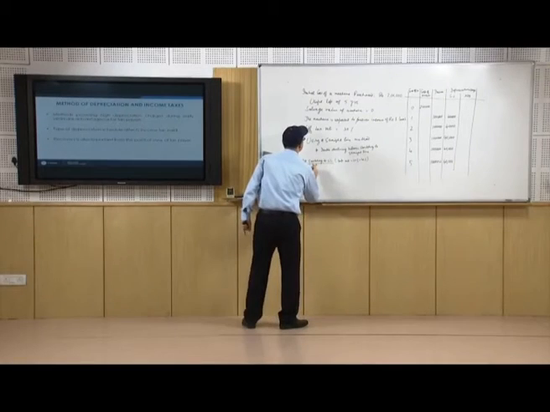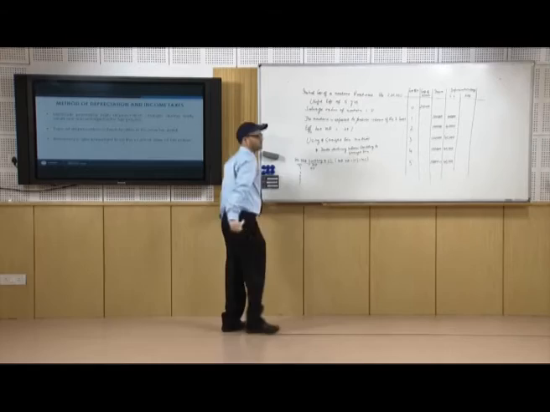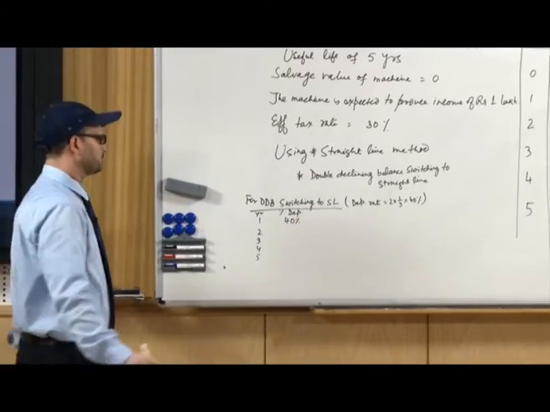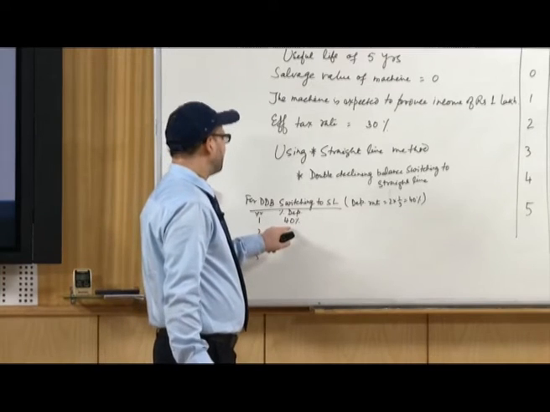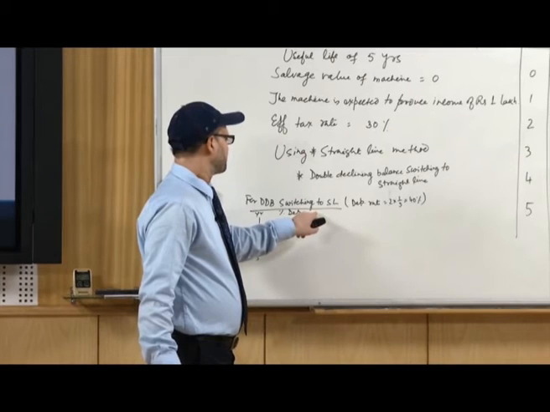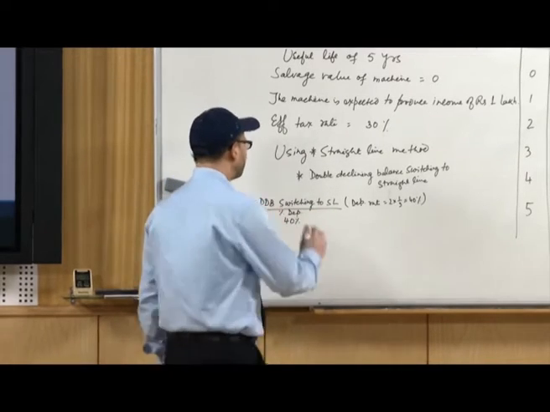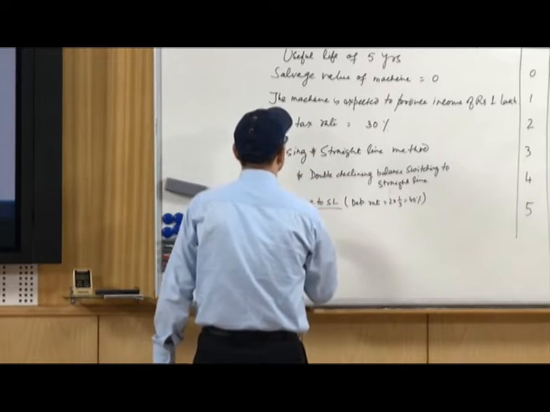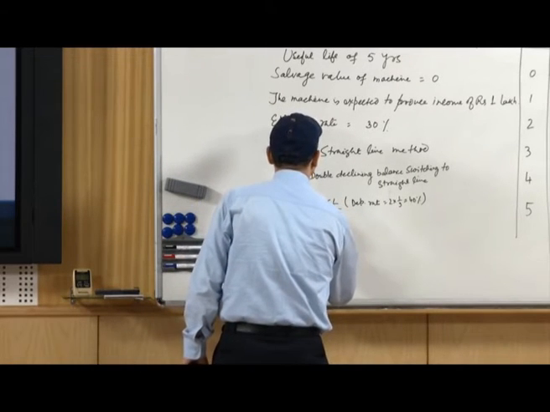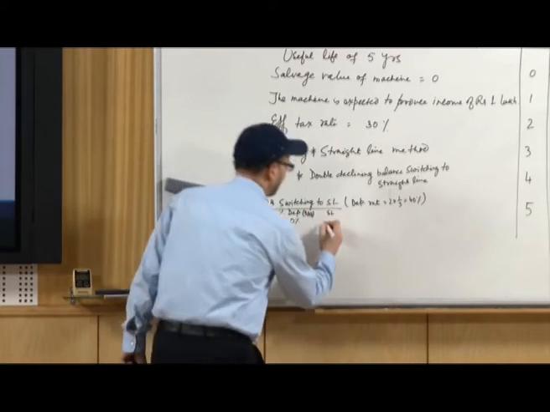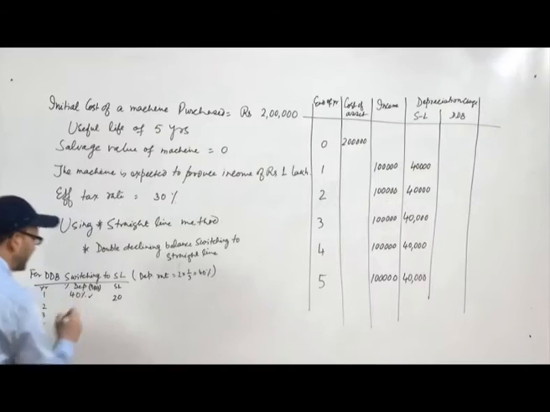So, in the first year it is 40%. In the second year you have the book value as 60. Once we go for switching to straight line, by straight line we come to 20, so this is taken.